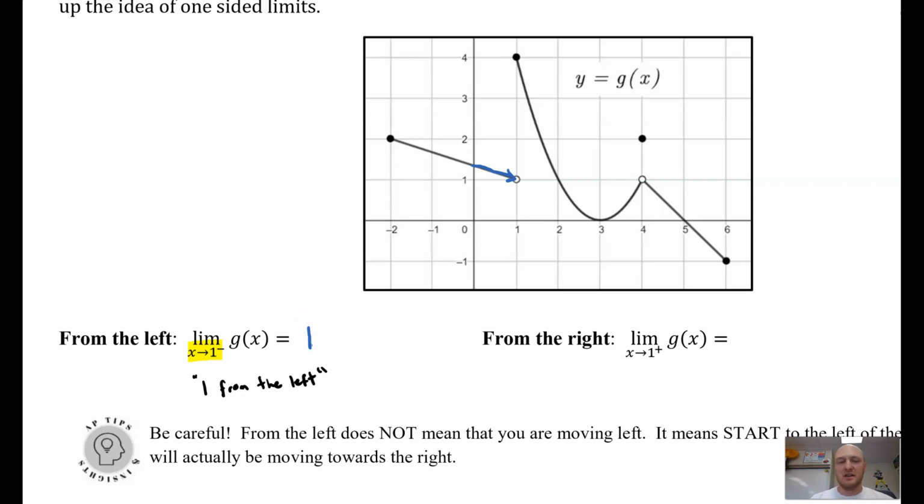The limit of g of x as x approaches 1 from the right, just translating that mathematical notation into plain old English, is going to 4. And that's the idea of one-sided limits.